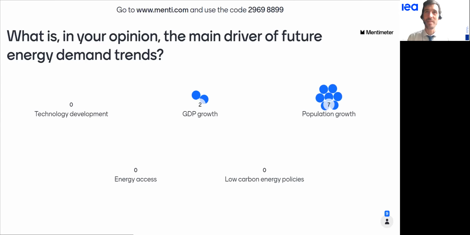Okay, so interestingly, most of you are voting for population growth, and some of you for GDP growth. Actually, these are indeed the main socioeconomic drivers that will be input at the beginning of our modeling exercise. And when we do energy modeling, we can rely on other institutions' projections.